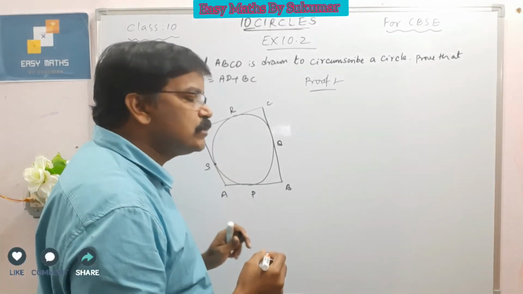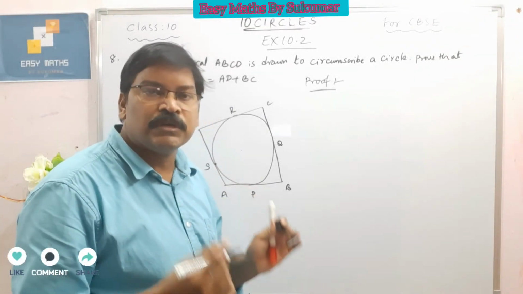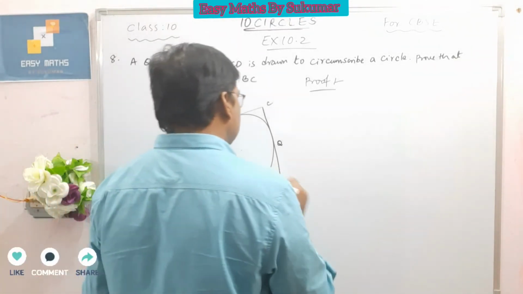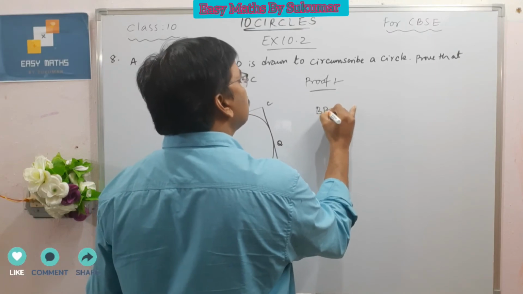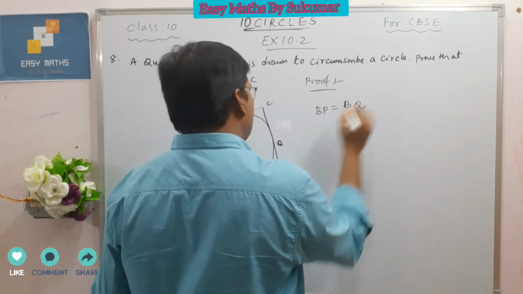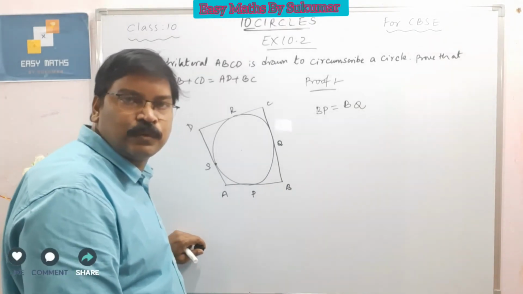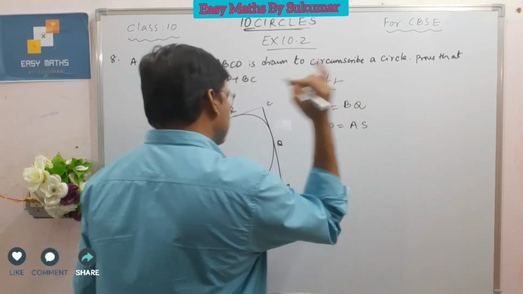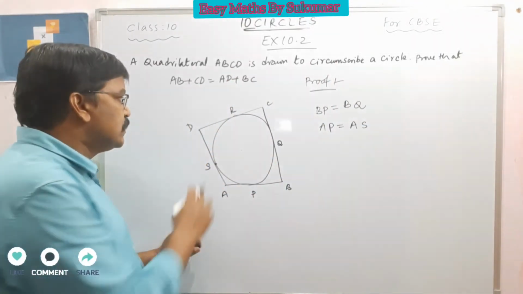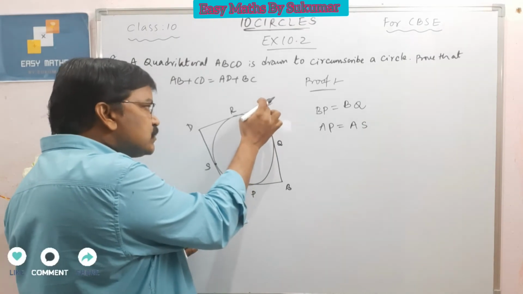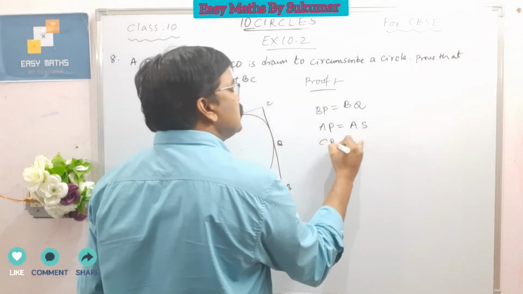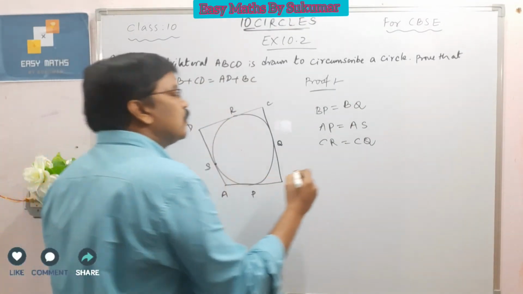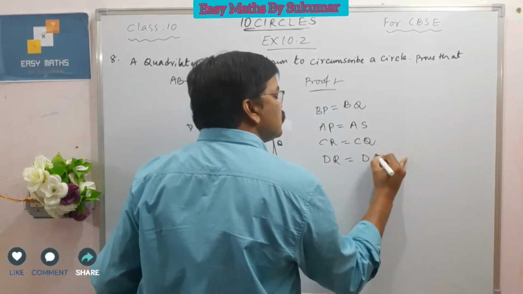See my dear students, according to theorem 10.2, the lengths of tangents drawn from an external point of a circle are equal. That means here BP and BQ are equal. Similarly, AP is equal to AS. Similarly, CR is equal to CQ. Similarly, DR is equal to DS.